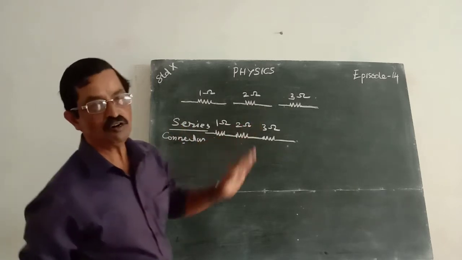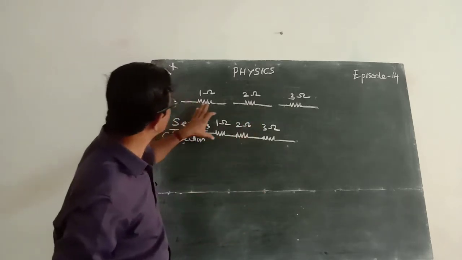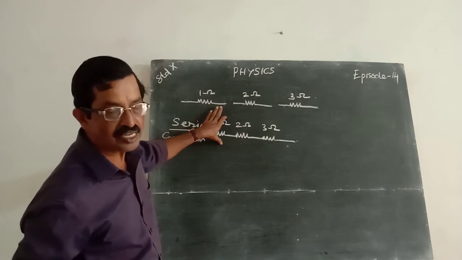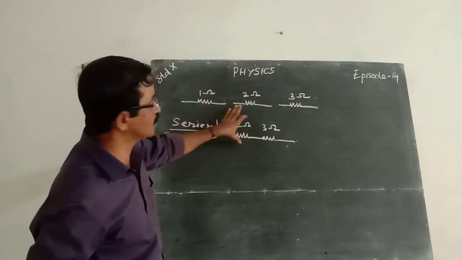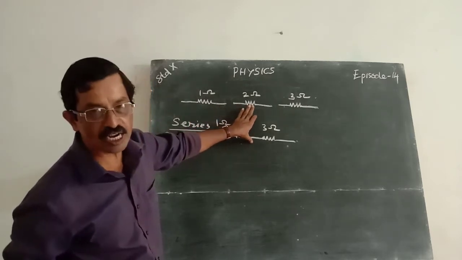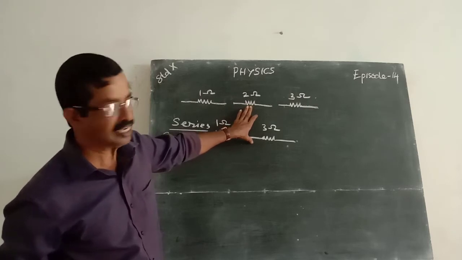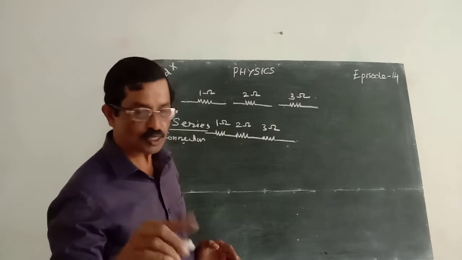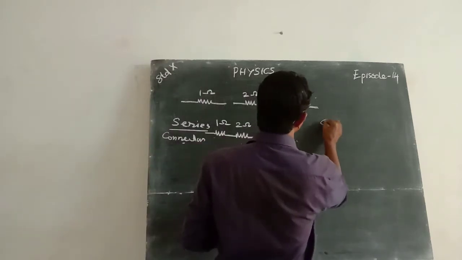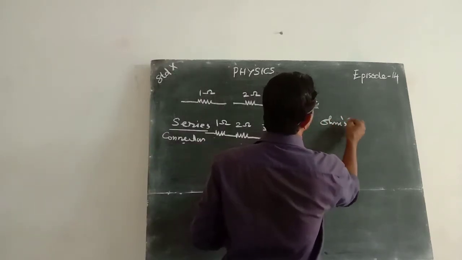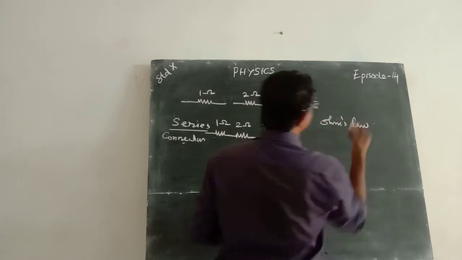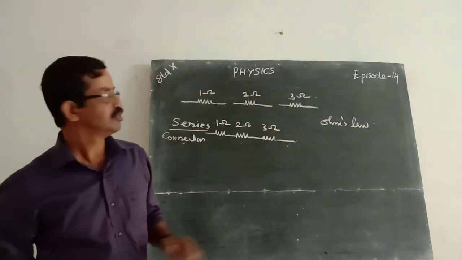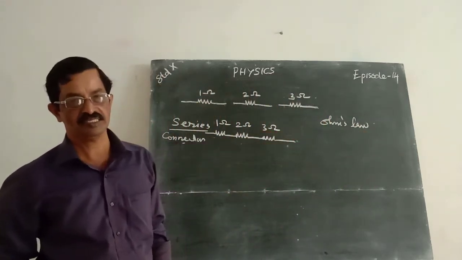Now we want to know how current, resistance and potential are related. For that, we want to know about Ohm's law that we discussed in the previous class.